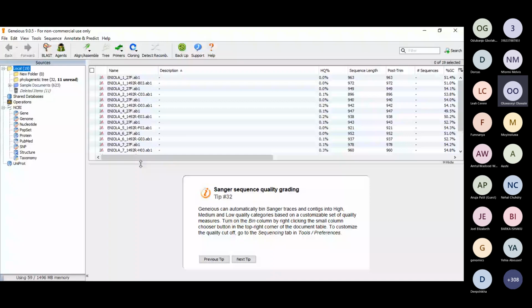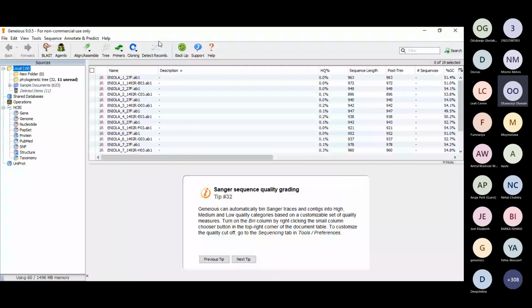Like I said, this is Genius software, and it is actually sold, but we have the activation key that you can use for different kinds of bioinformatics analysis. I'm going to take you through this software, and you can use a free trial.